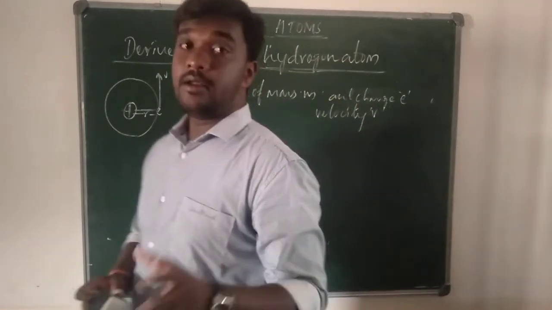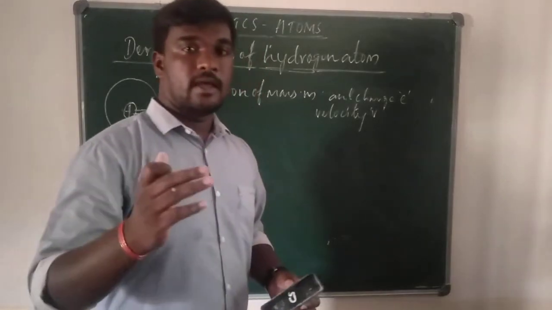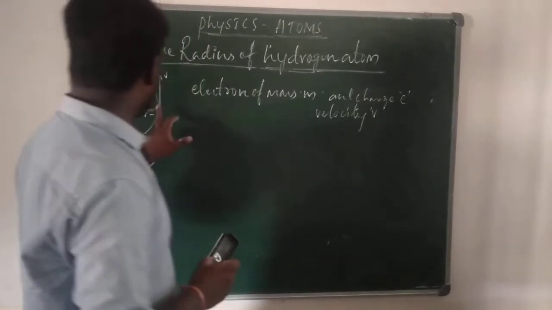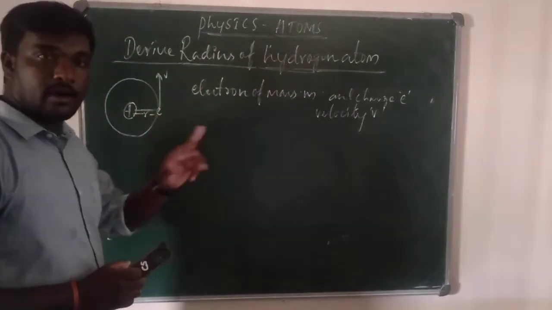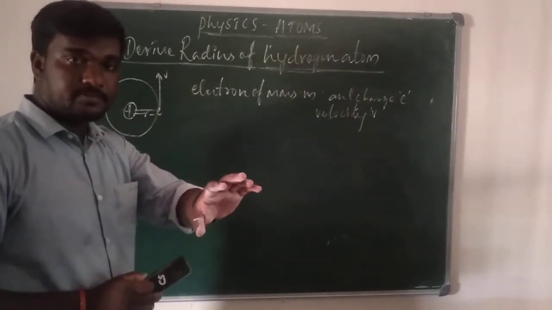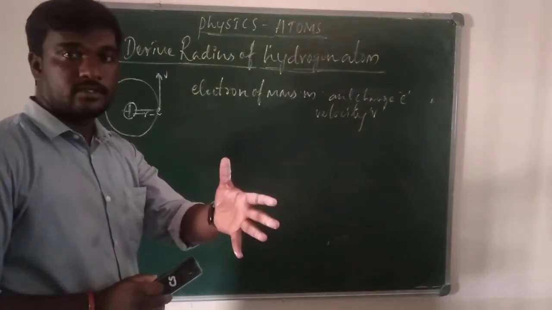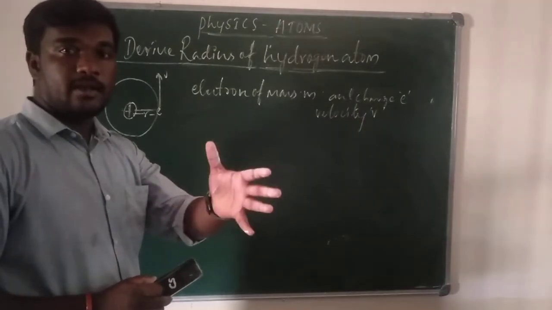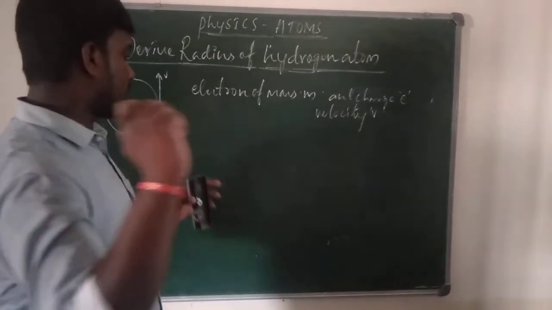That centripetal force is provided by the electrostatic force of attraction between the nucleus and the electron. Clear? Are you getting my point? When the electron is revolving around the nucleus, it requires a centripetal force for revolution, and that centripetal force is provided by the electrostatic force of attraction between the nucleus and electron.